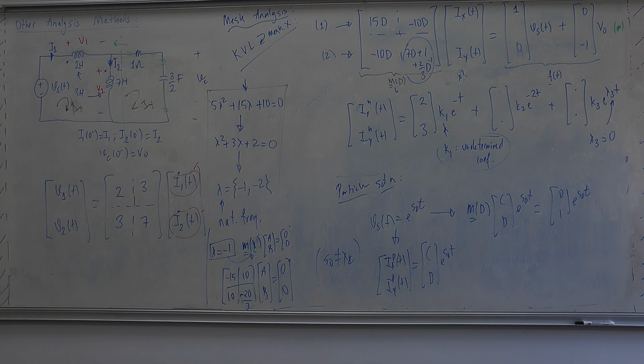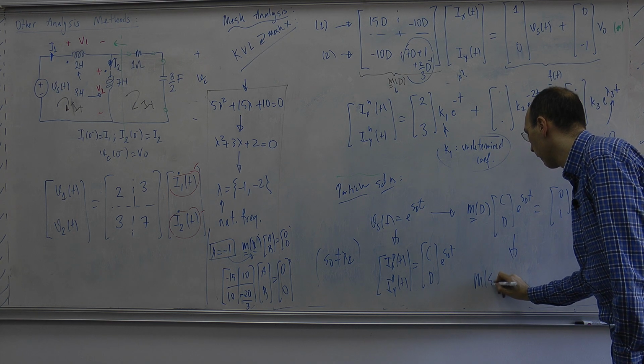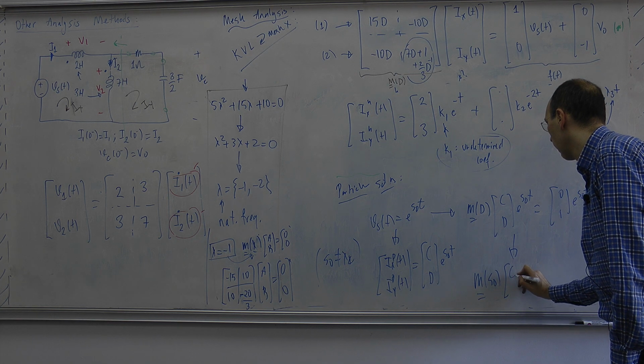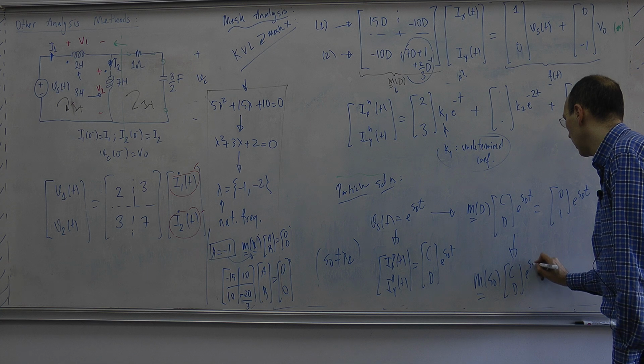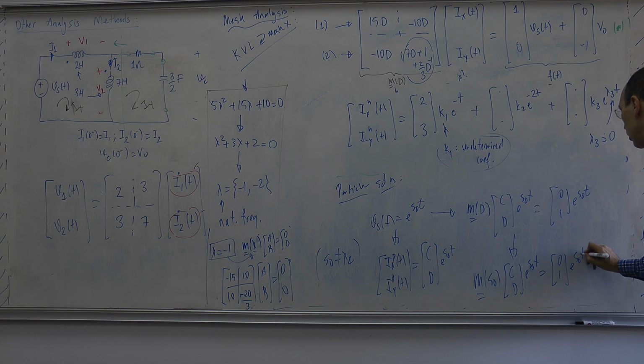Okay, I have something like this. And of course we have this term also, but let's focus on this one, e to the s naught t. So how do you find this? Well, this becomes M s naught C D e to the s naught t equals 0, 1, e to the s naught t.